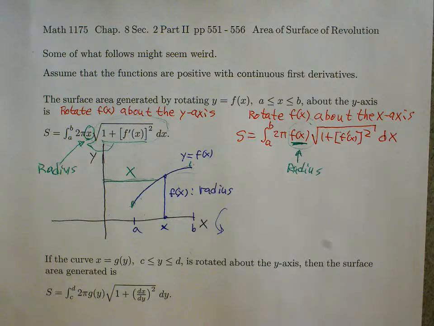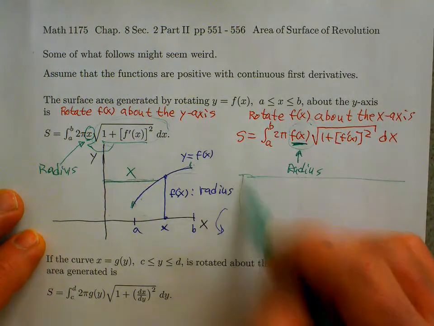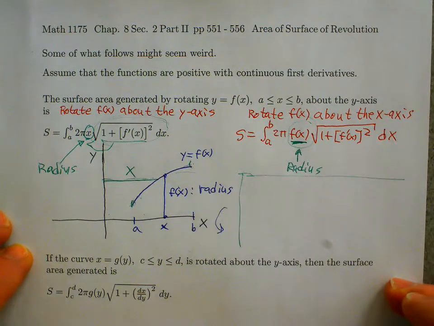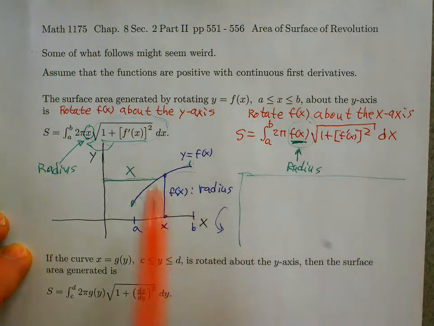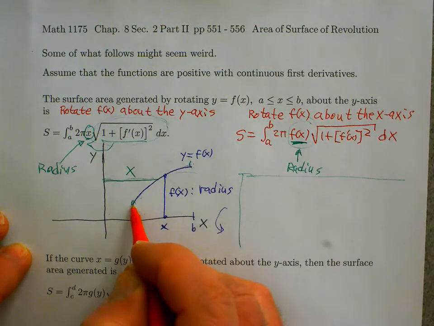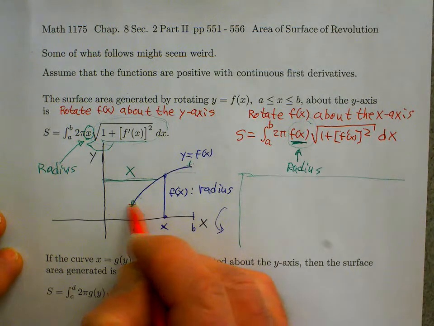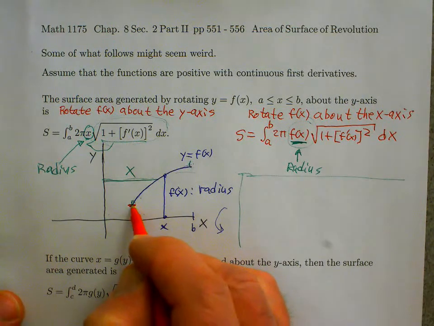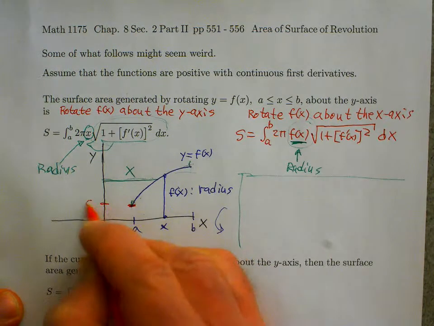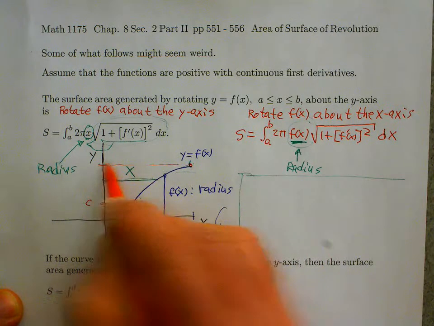There is an alternative which we will look at here in a second. The alternative could be a lot more work, though. So on this graph of y equals f of x, let's suppose the y-coordinate of this point is c, and the y-coordinate of that point is d.